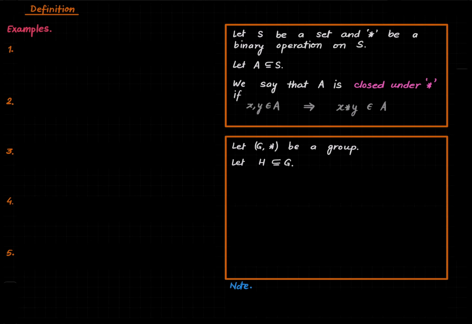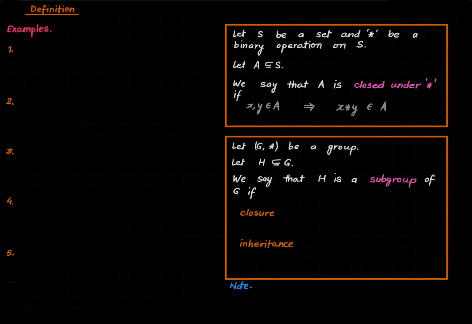And now we can talk about what is meant by a subgroup. So suppose we start with a group. G is a group and star is denoting its binary operation. Suppose we have a subset H of the group G. Then we say that H is a subgroup of G if, first of all, we want H to be closed under star. So philosophically, the idea is that H should borrow star from G and become a group in its own right.